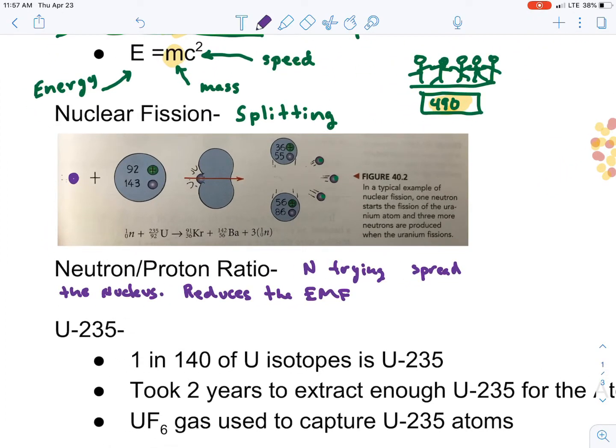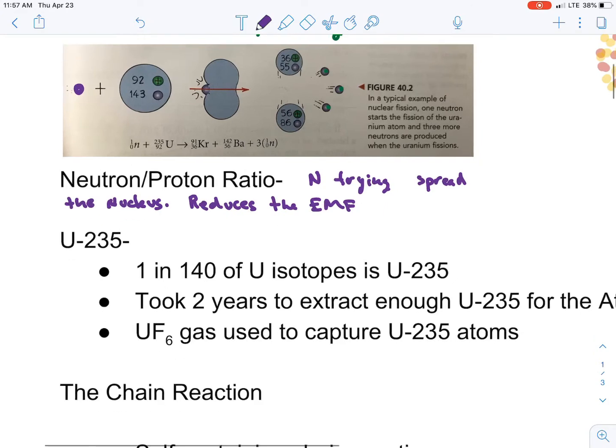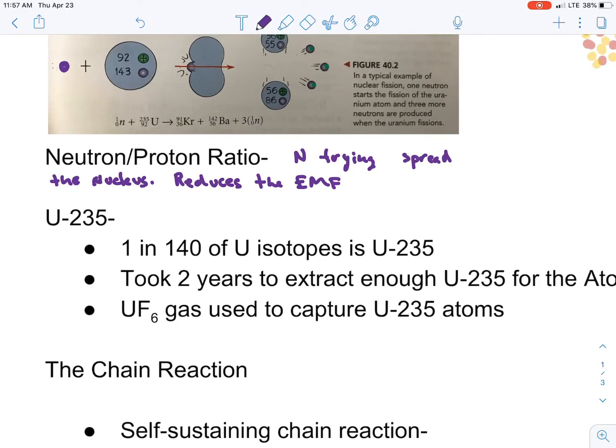Now, the fissile material that is used is uranium-235. Okay, and this is an isotope of uranium, and it has 92 protons, and it has 143 neutrons, and it goes through this fission reaction.